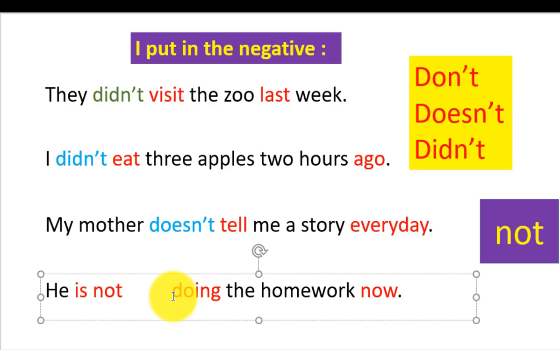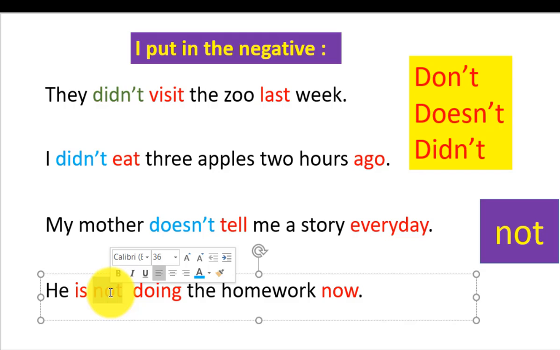What do you think? Is it easy? Yes, teacher, it's very easy. So, when the verb is composed of two parts, the negative is very easy. We put not between the two parts of the verb. Is it clear? Very good. I will give you some practice. You will understand more. Very good. I like you very much because you are following me.